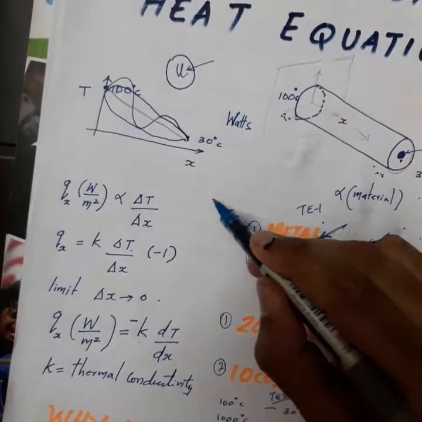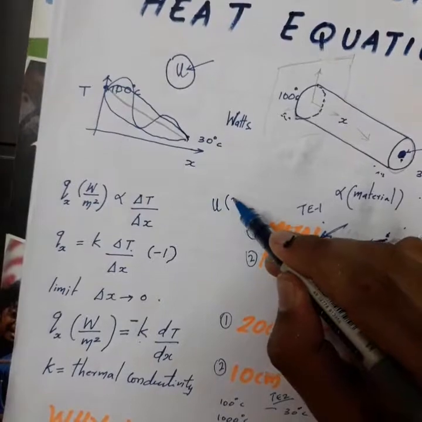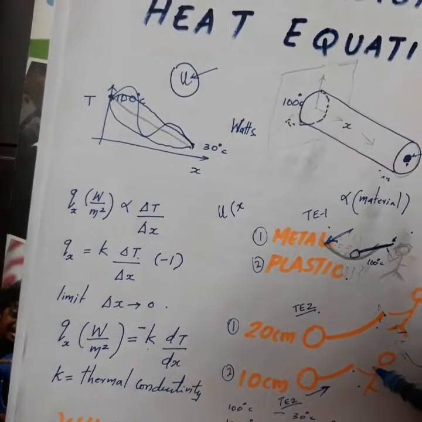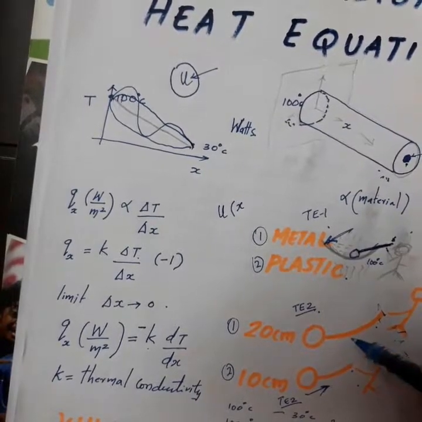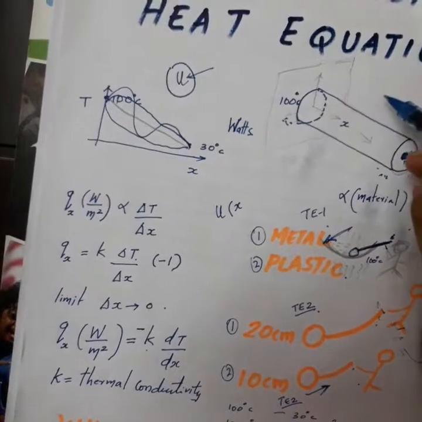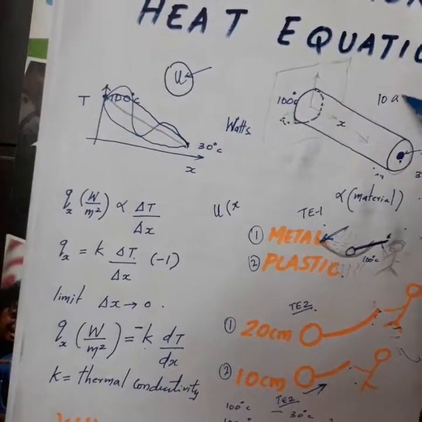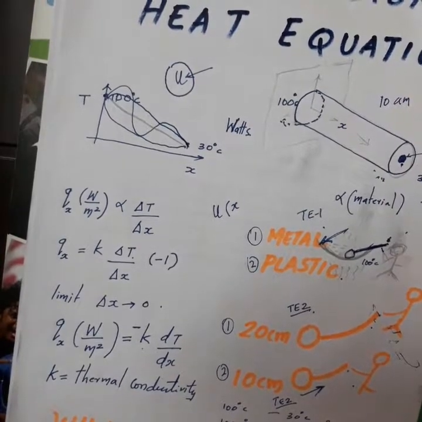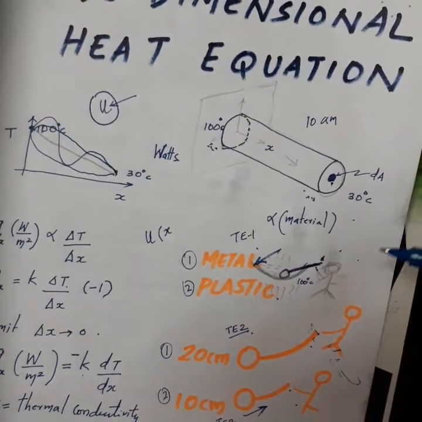The temperature is definitely a function of x, so it varies with respect to x. Moreover, temperature is also varying with respect to time. Let's say I start this experiment at 10 a.m., where the temperature at this point is 100 degrees Celsius and at this point is 30 degrees Celsius.